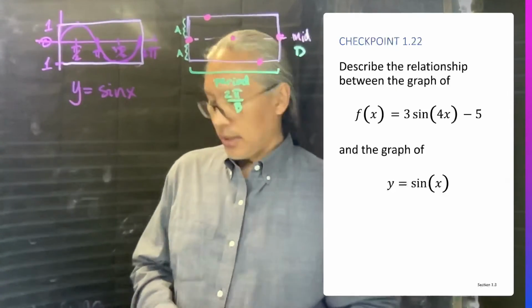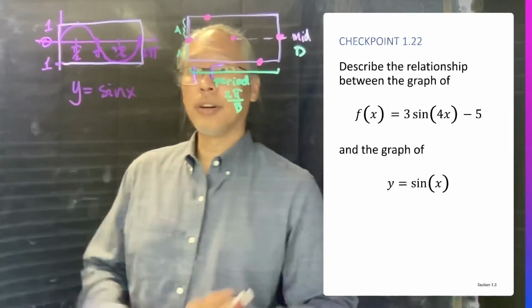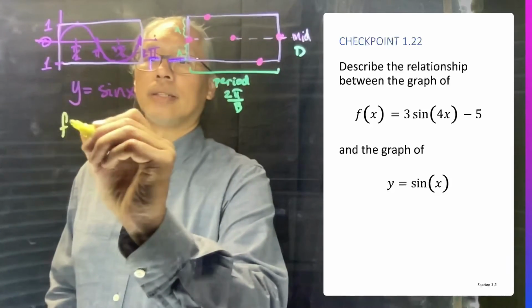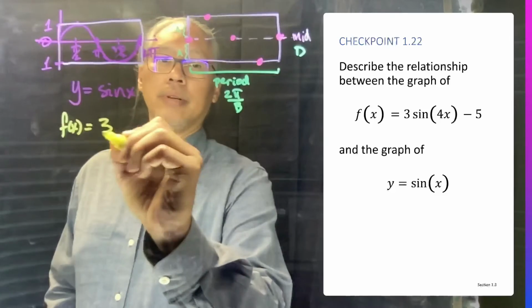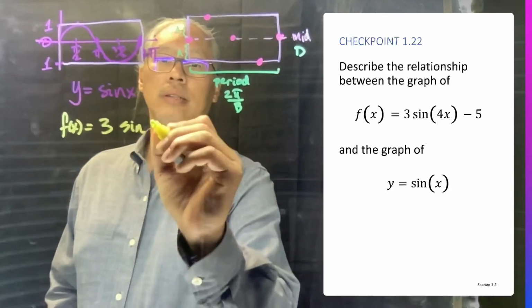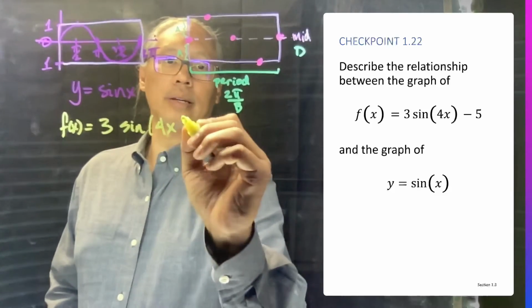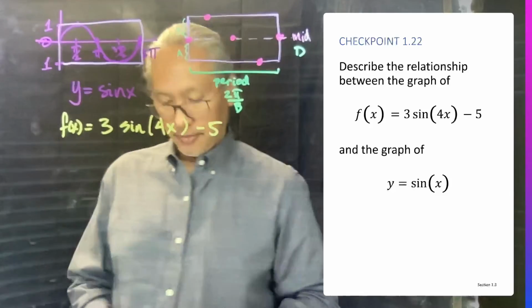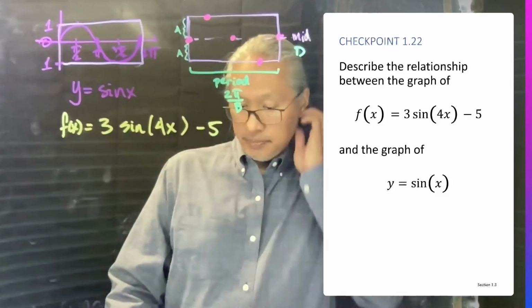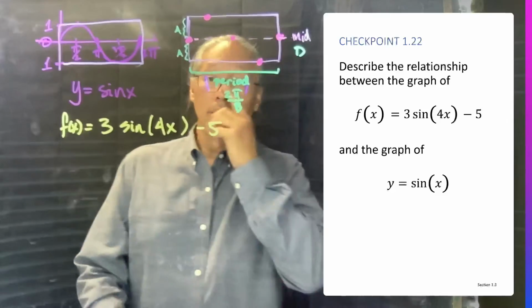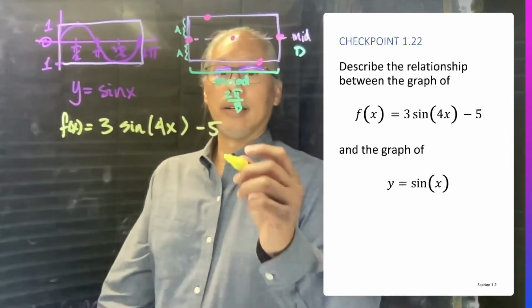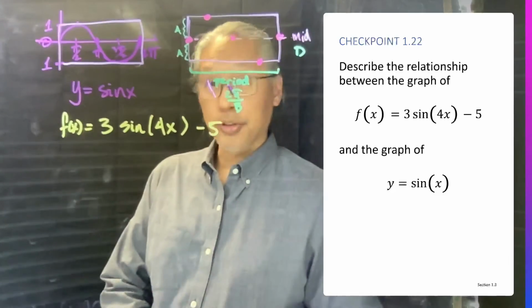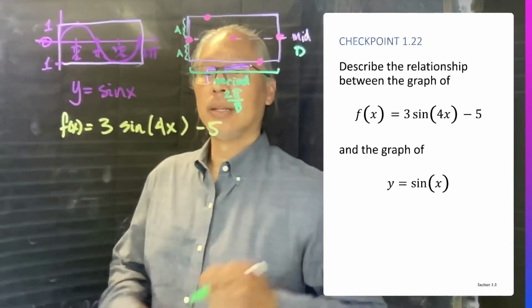And now what we want to do is consider our new function f of x equals 3 sine 4x minus 5. All right, and what we can do is identify the values that we were just mentioning up here in this box.